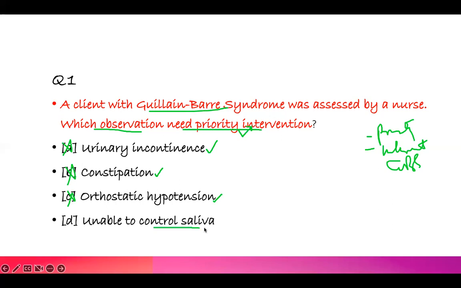Unable to control their saliva. That's another way of telling you what? You have an airway issue. If you can't control your saliva, well, aspiration. And this is when you write be sharp, it's airway. It's an airway issue. So this is the right answer.